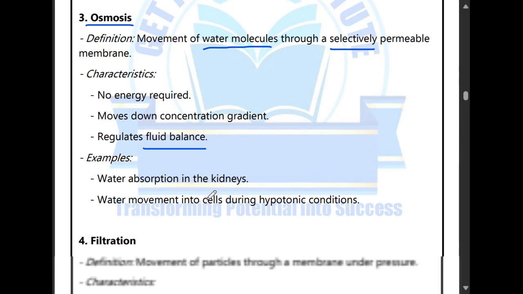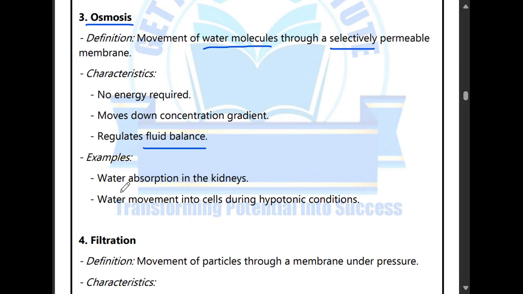So examples include water absorption in the kidneys. You look at this when you do a certain topic. Then water movement into the cells during hypotonic conditions. Remember, we looked at hypotonic, hypertonic, all those things.